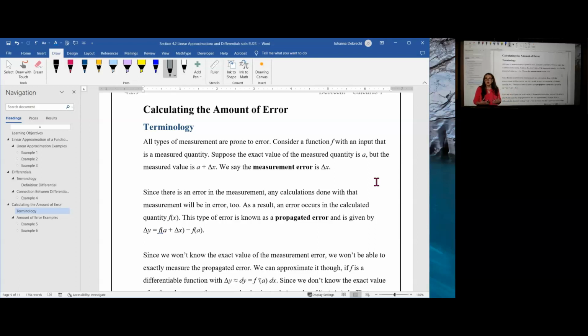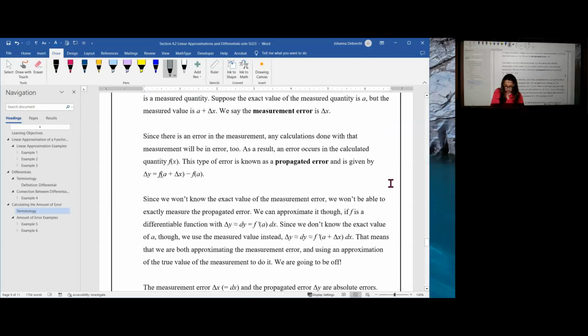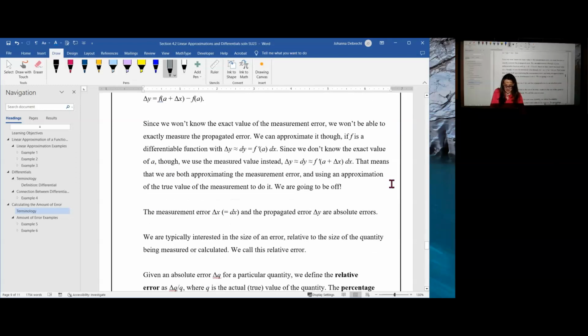We are not going to know the true value for the measurement. We can't know it because every time we measure, we have error. Because we won't actually know the true value, we'll have to estimate the true value as well. So we're going to get even more error. What we're going to do is approximate the exact value of the function with the measured value, which we know has error in it.